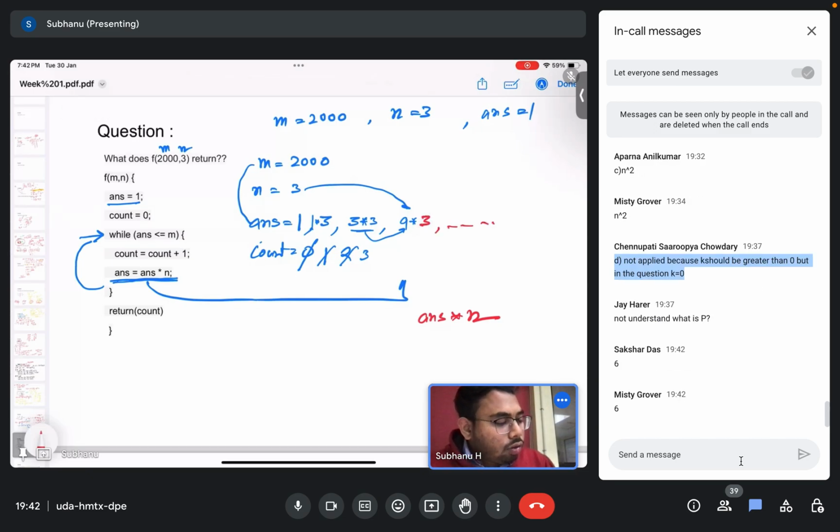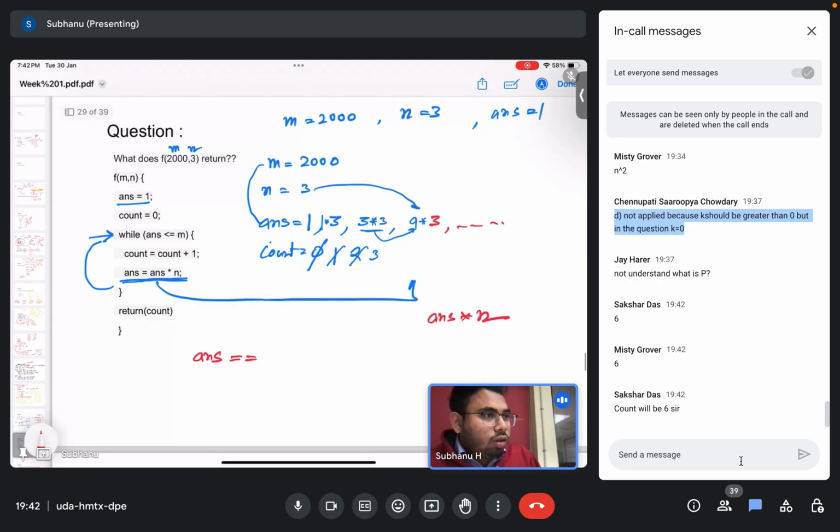So when will the loop stop? Whenever answer is equal to 3 to the power count, then this loop will stop. The loop will execute till we reach a power of 3 that exceeds 2000. If a power of 3 exceeds 2000, only then will it stop.